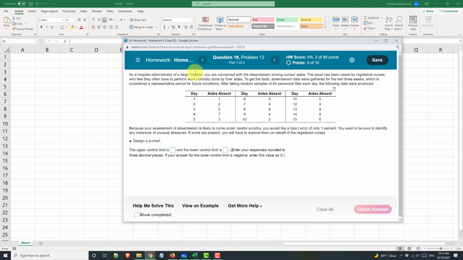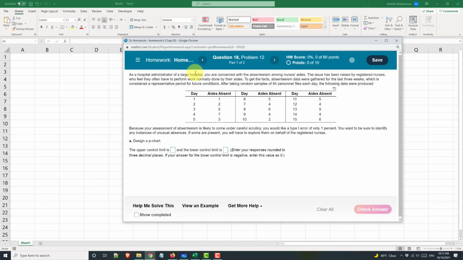Whereas in the solved examples in the book, often the statistics are already given to you. So you're already given P bar, or if you're not given P bar, you're given the sum over a number of samples, and it's easy to calculate P bar.